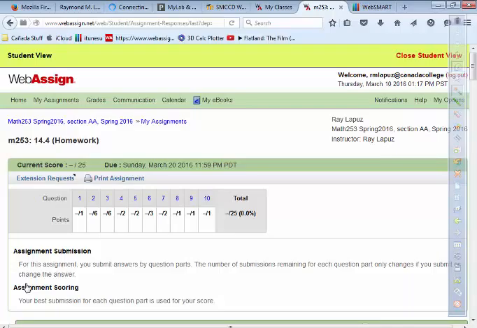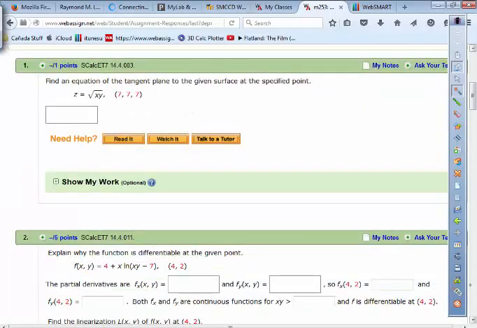So I have extended it to be due tonight at 11:59. But this is just the lab, so it's not that big of a deal. Let's do the first one. This looks easy enough.